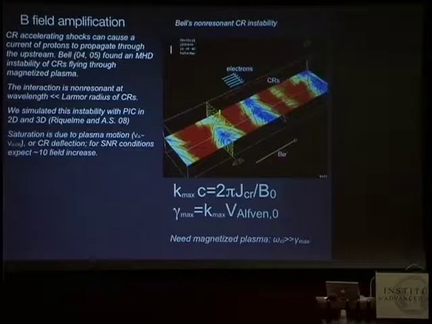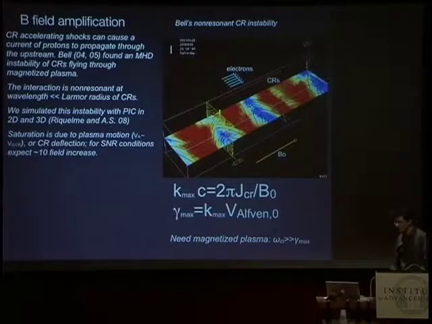Initially, it was uniform. And the cosmic rays are trying to stream through this medium. They're trying to carry a current. That current will be compensated by electrons in the background plasma. So initially the net current is 0. But those background electrons are magnetized. They're feeling the magnetic field, whereas the cosmic rays are fairly energetic, and they move through with large Larmor radii.